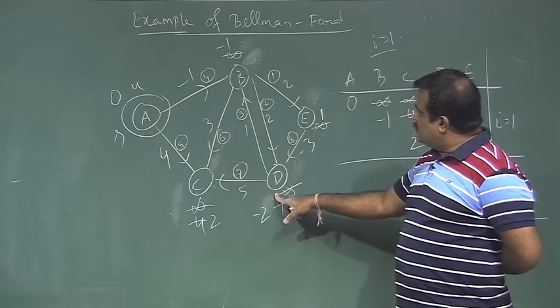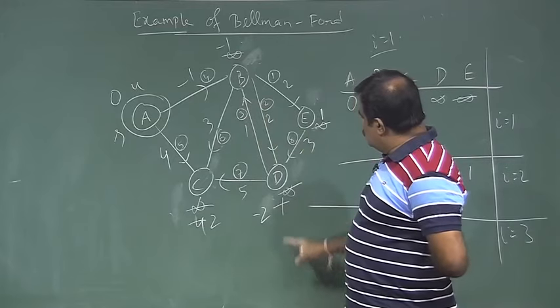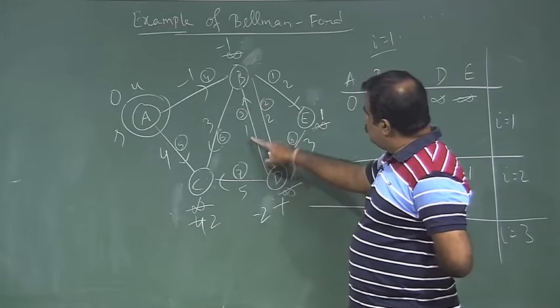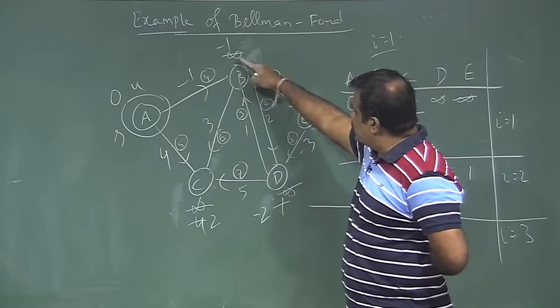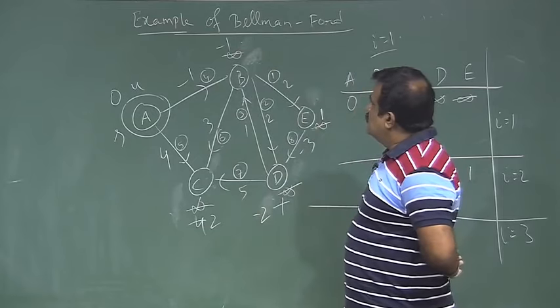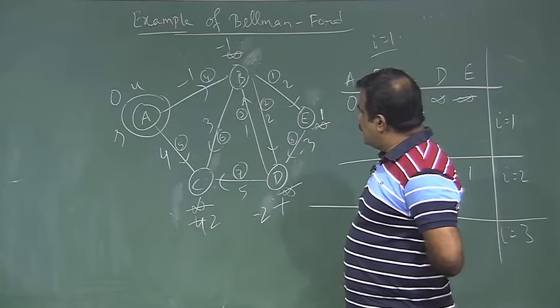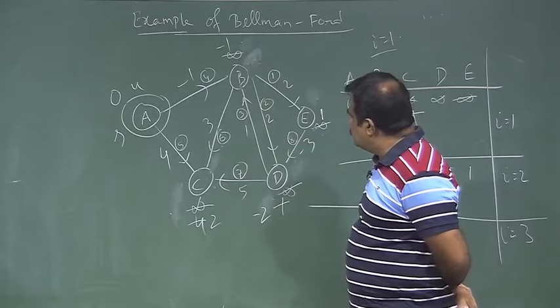Okay. Edge number 3 is this one, this is u, this is v. This is minus 2 plus 1, so it will be minus 1, which is the same as the value it already has. So there is no relaxation needed for this vertex.